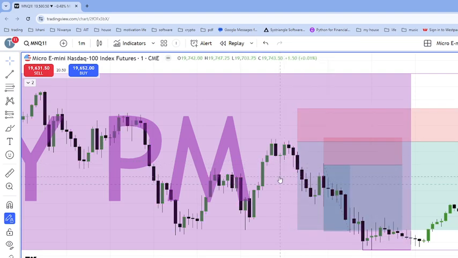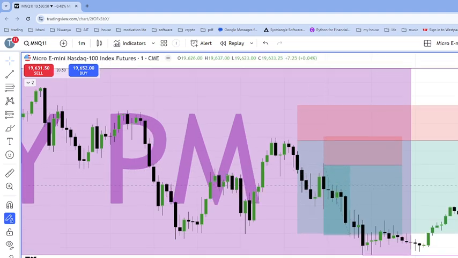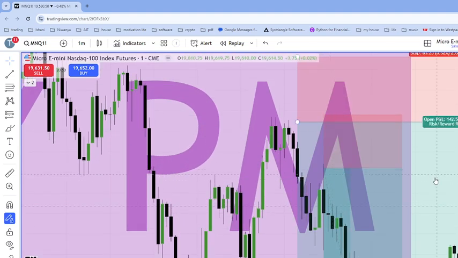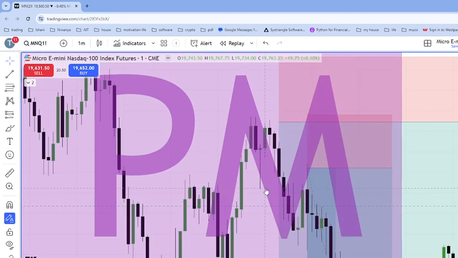For a further refined entry, when this market structure shift happens here, price breaking towards down, then you can look for a fair value gap over here in the 1 minute. So if you look here, you can see there's a small fair value gap seen from this candle to this candle.